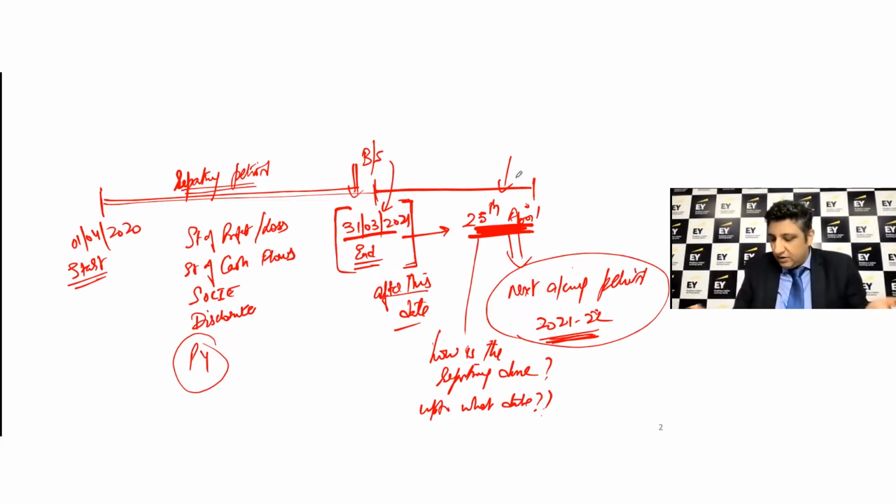Because it cannot happen that I'm going to report something which is happening, let's say, for example, on 30th of March 22. I can't make my shareholders wait for the financial statements for the year ended 31st of March 21. Otherwise, I'll keep on doing something or the other. So that's the underlying context or the principle that we want to highlight, or these questions that we want to answer.